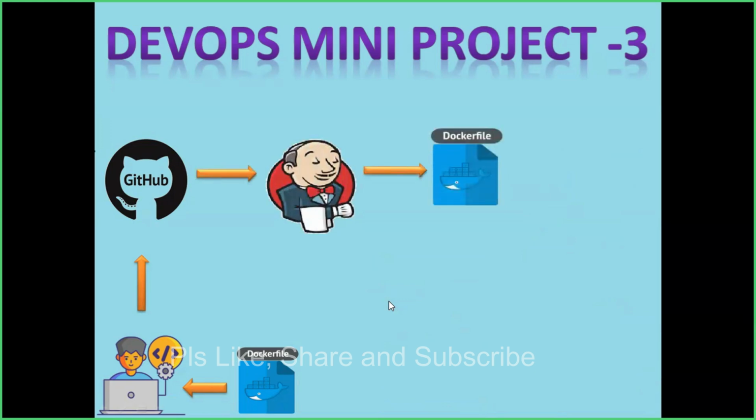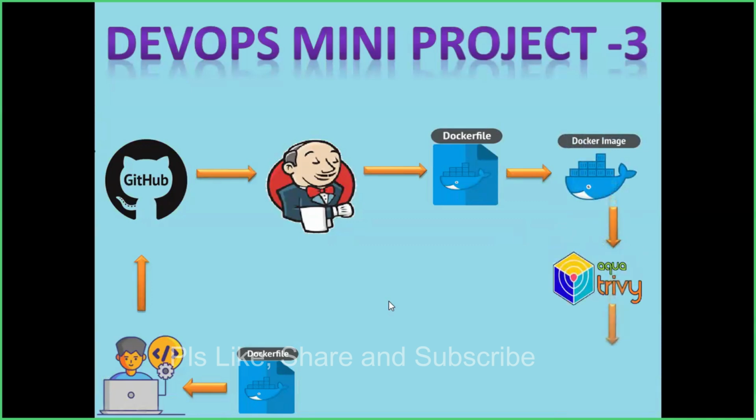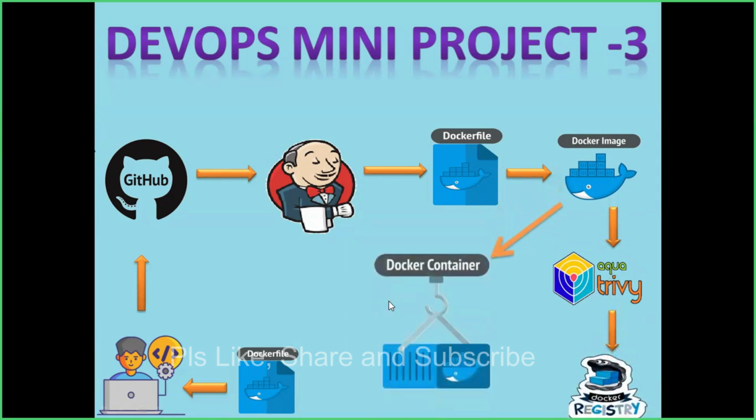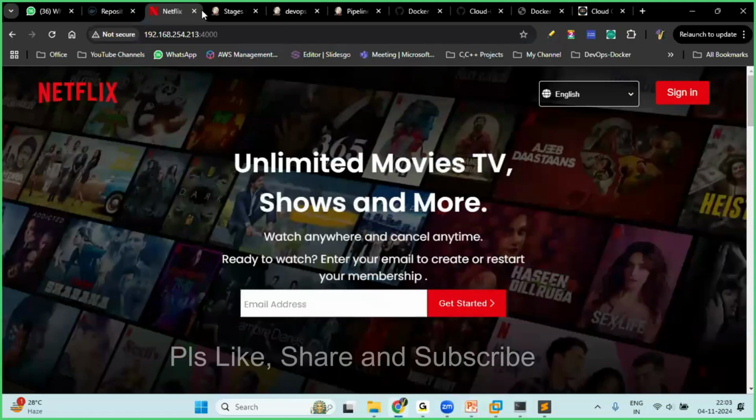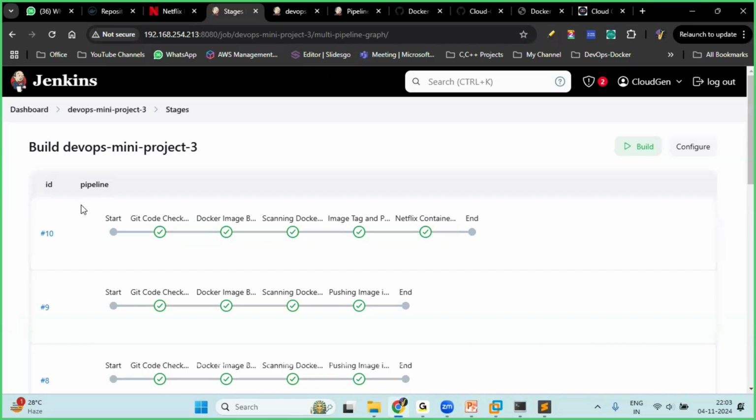We have taken that Docker file from GitHub. Then we have executed the commands by using Jenkins pipeline script to build image, scan the image, push to repository and create a container. And finally, we saw that output successful. Okay, this is the scenario, guys. Successfully we have executed.